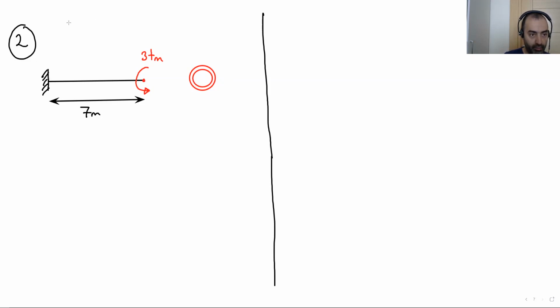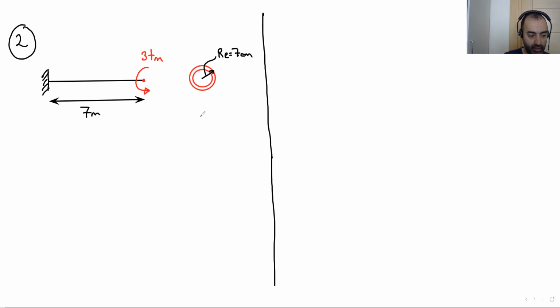Here is the center. The external R is 7 centimeter.